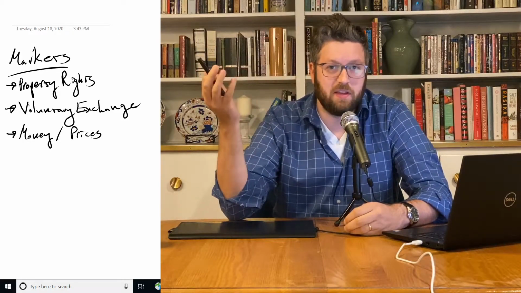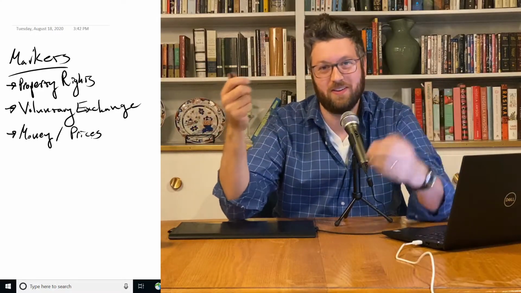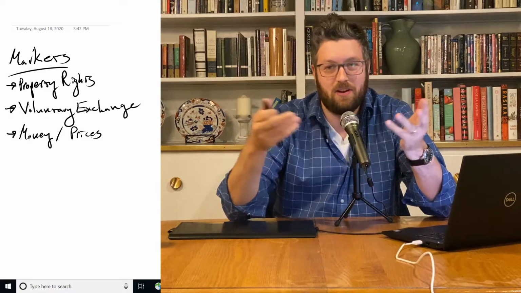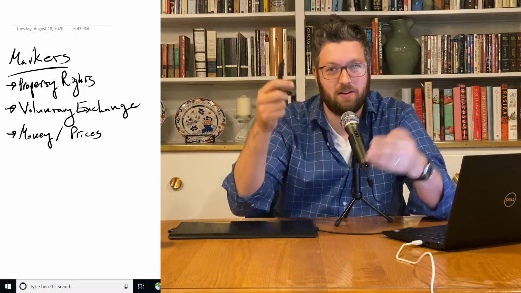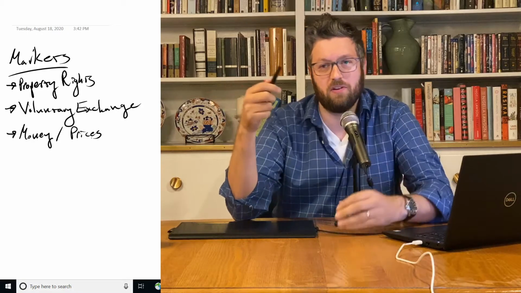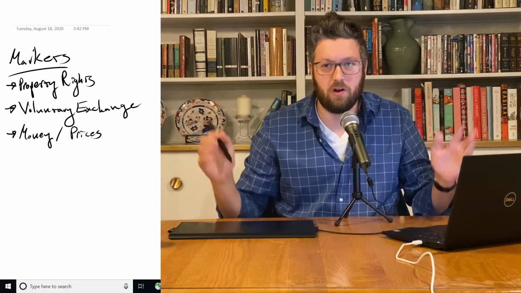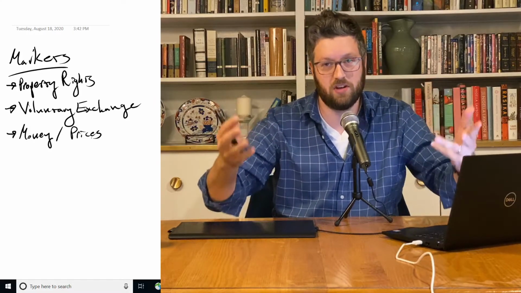Money is the thing that people will accept in exchange for other goods universally. It can be cigarettes if you're in a prison camp and people have decided that that's the thing they're going to use. It can be a shiny metal that people like, gold or silver. It can be Bitcoin, an electronic protocol that has no inherent value, but people will accept it in exchange for other goods.